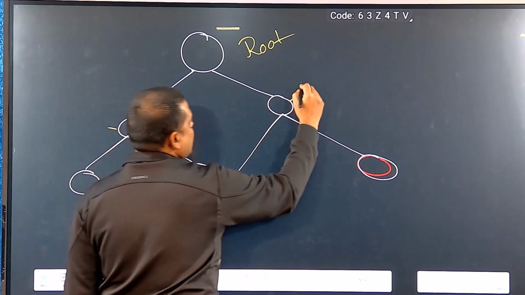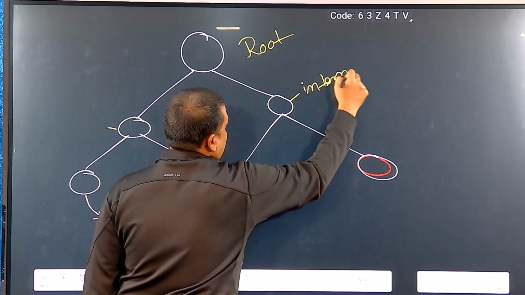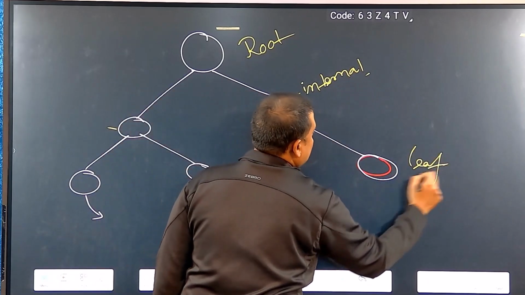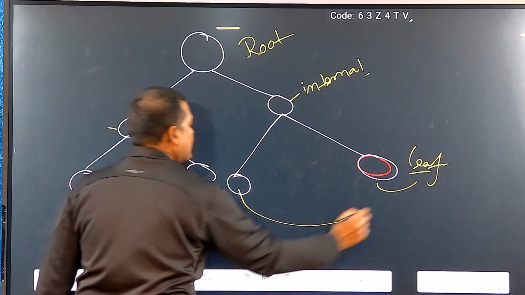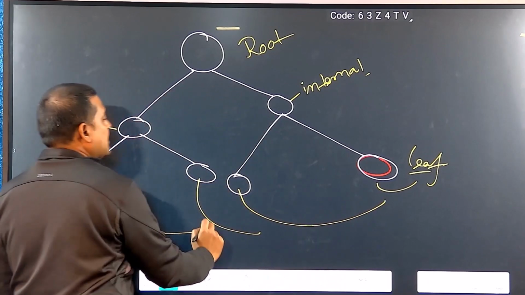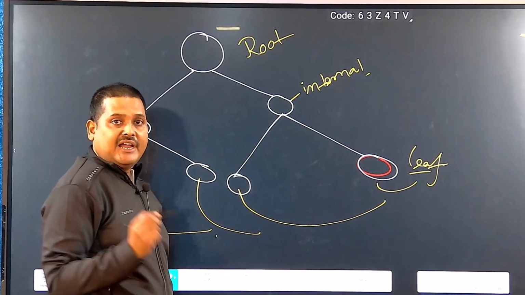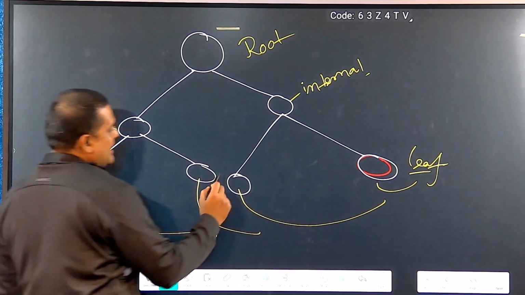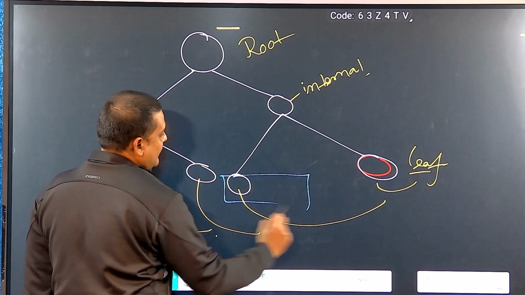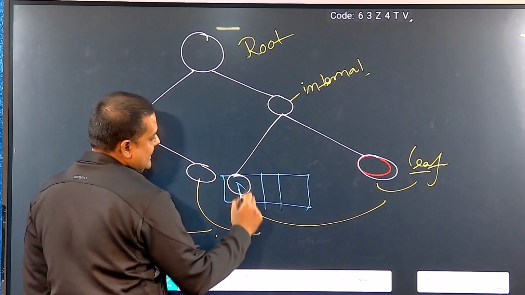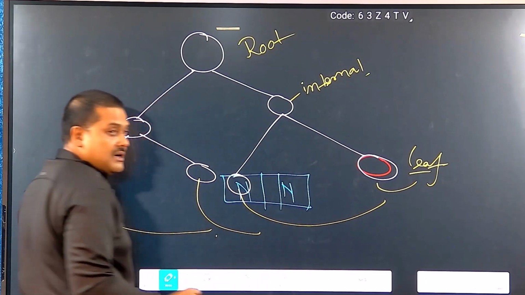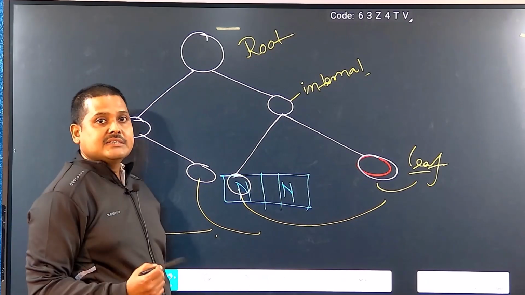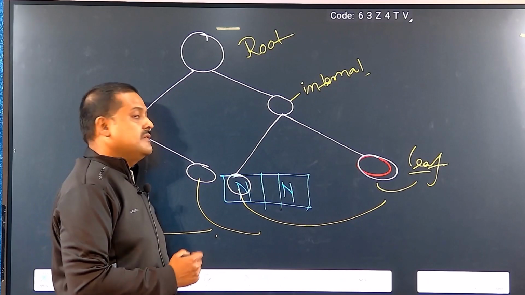These are called leaf nodes. A leaf is a node which does not have any child. If you observe carefully, this node only has some value, but these address parts are nothing but null. In the next video, we will discuss more about this tree data structure.